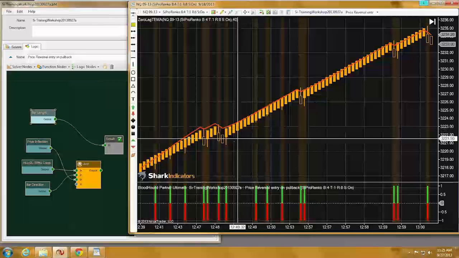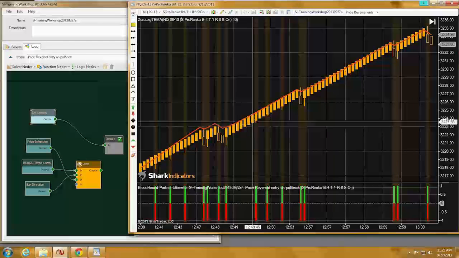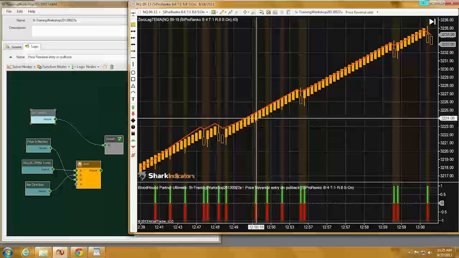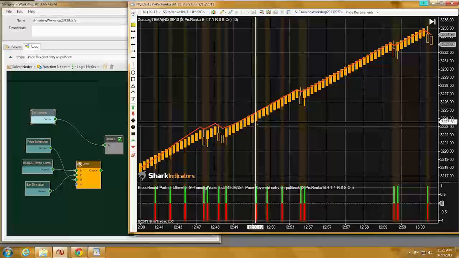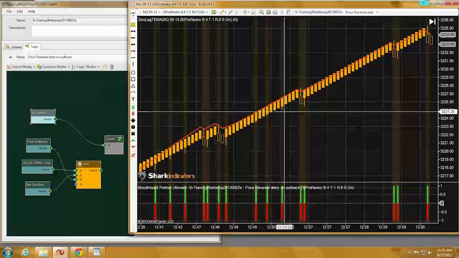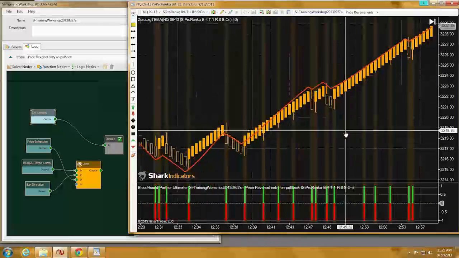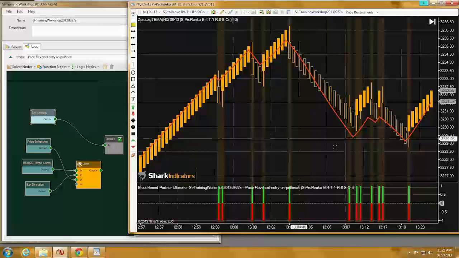So now we're getting signals on bars that are more than 4 ticks long. So if it has a wick, it's going to be at least 5 ticks long. All right, so that looks better.